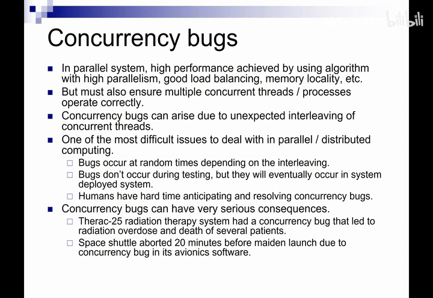There was another bug in the avionics software for the first launch of the American space shuttle. It was discovered right before the actual first launch, and so they had to abort the first launch. So these problems definitely occur in practice.